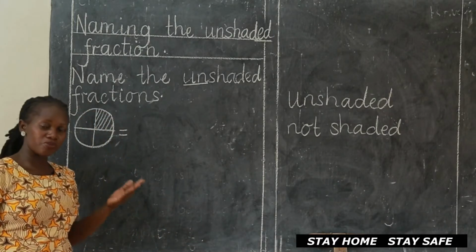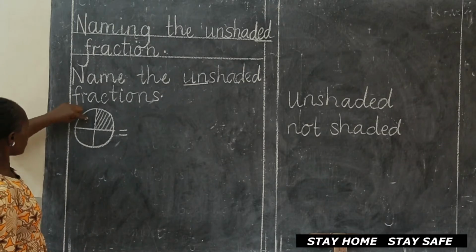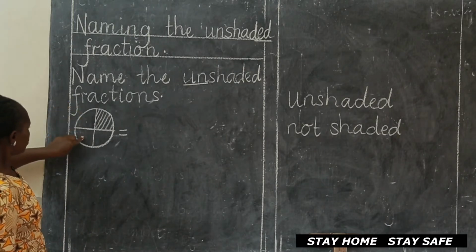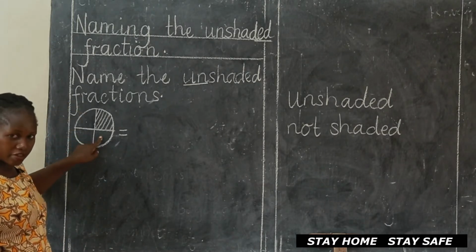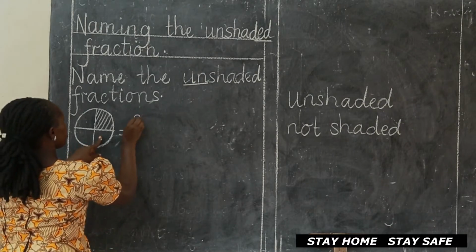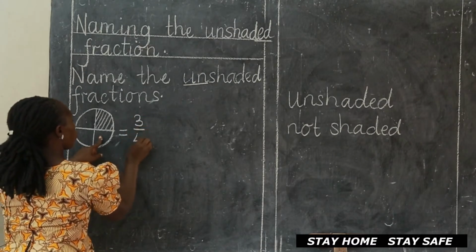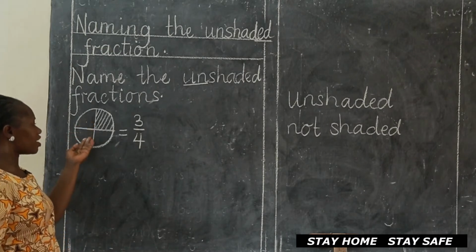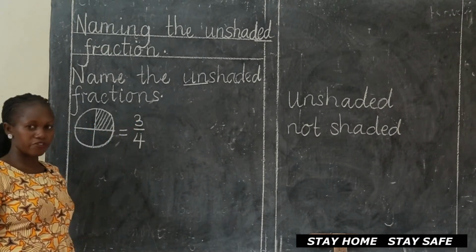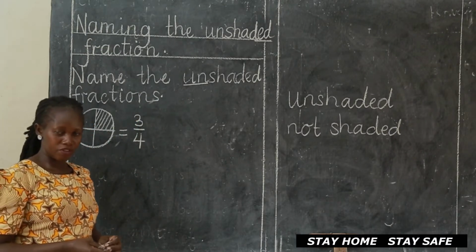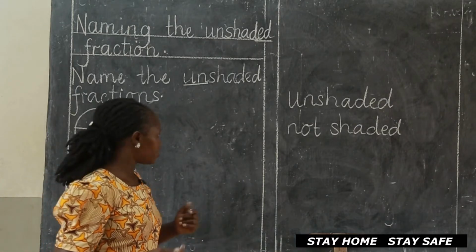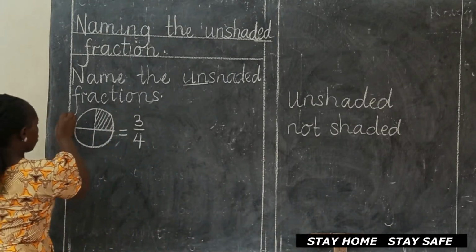I have this one, 1, I have 2, I have 3. So my fraction will be 3/4, because there are 3 parts which are not shaded out of the 4 parts. You see how simple fractions are? Okay, that was my number 1.